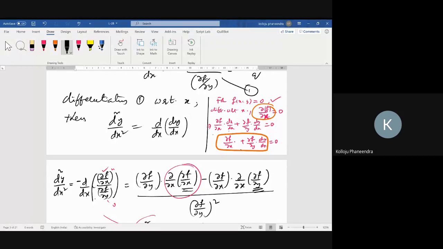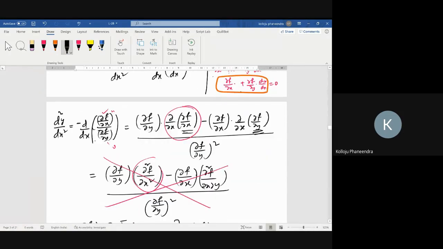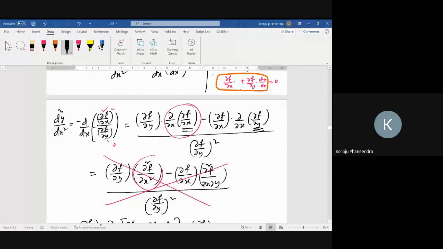Since dou is there, it's a mistake. So I should write d. If I consider this as completely a function of x, then I should write d only, and then this principle is applicable. This is d only, this principle is applicable, right? Done.